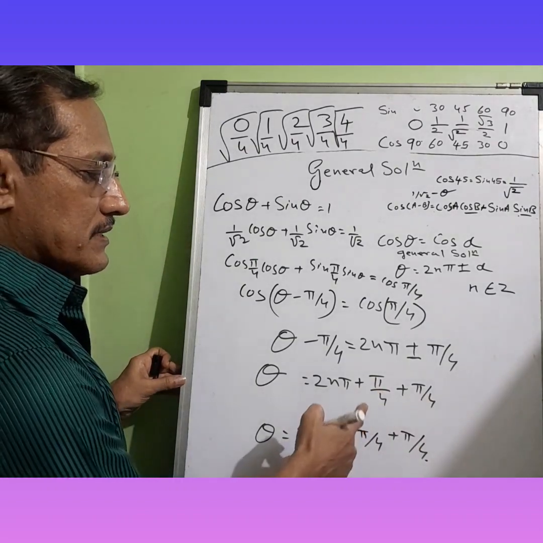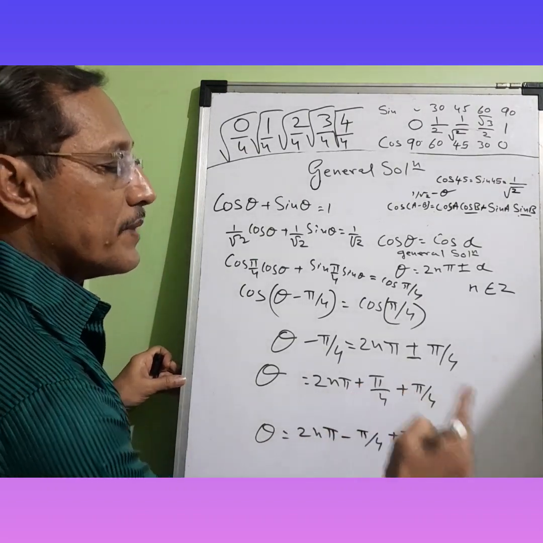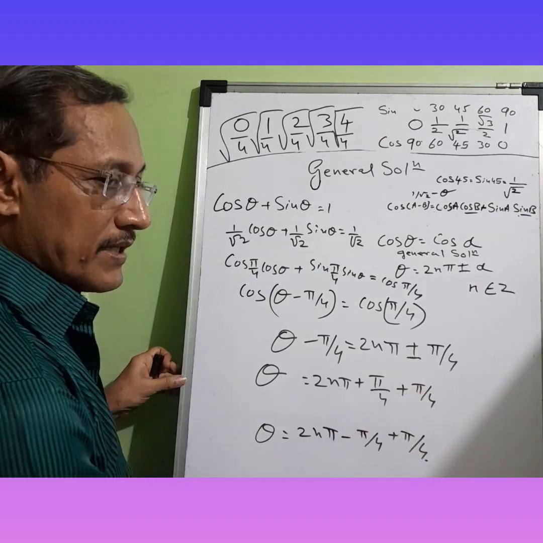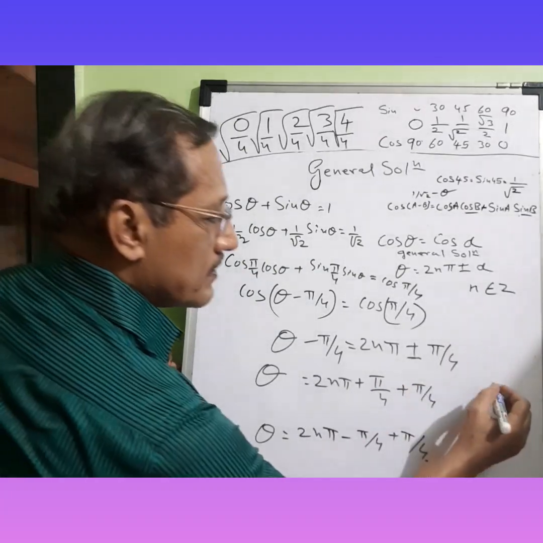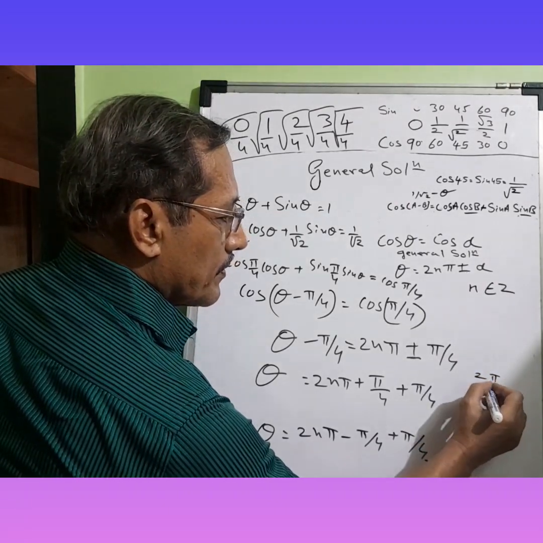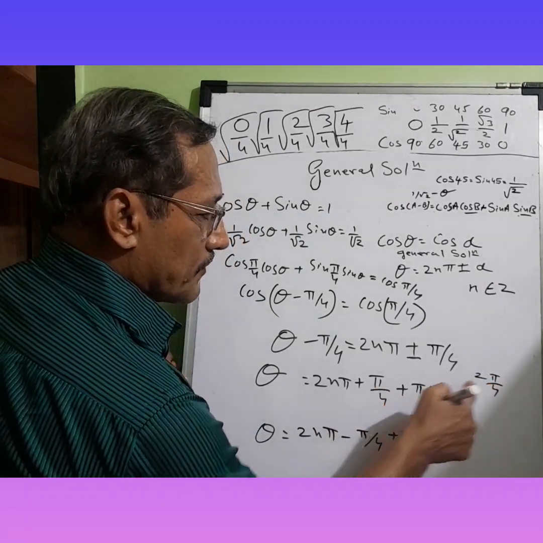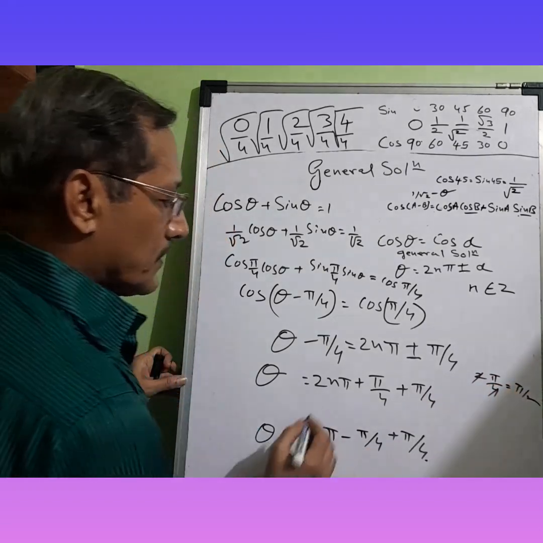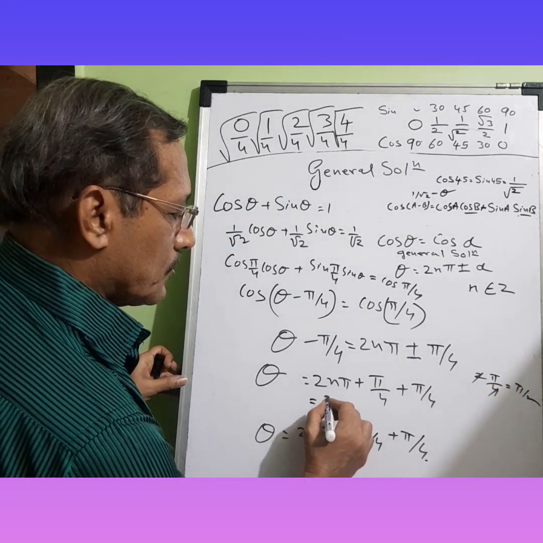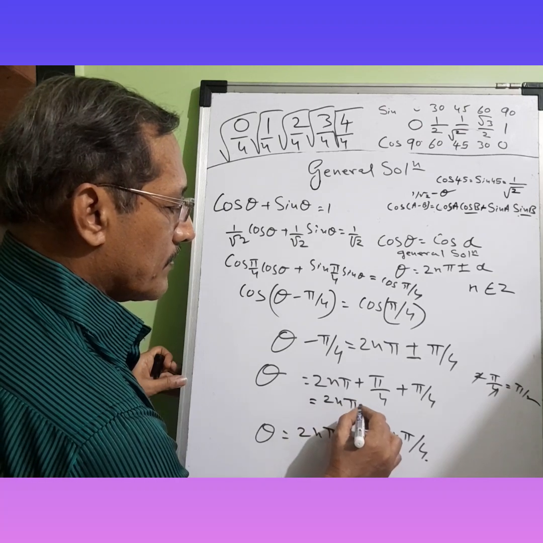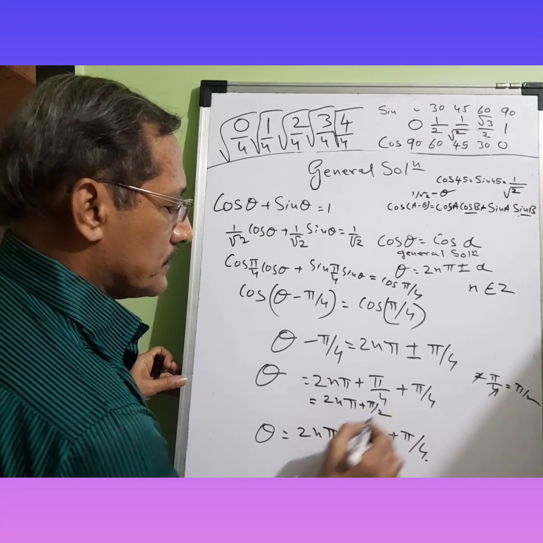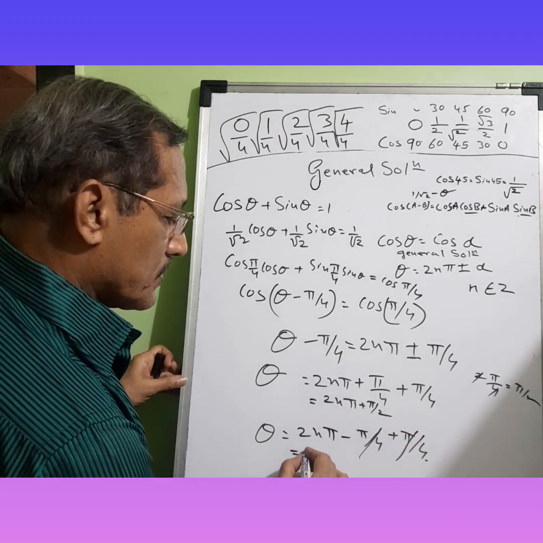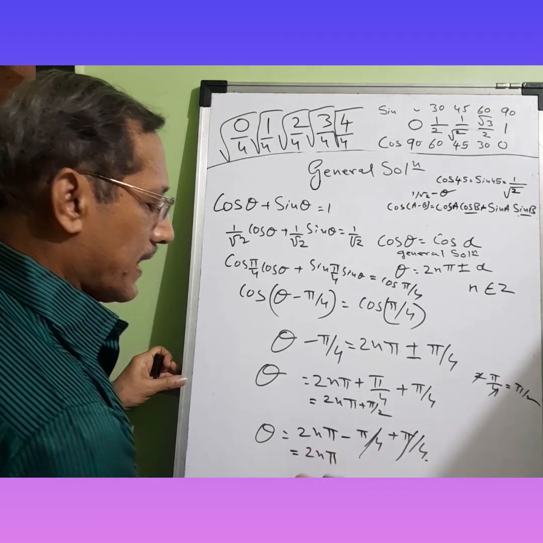So let's calculate this. Pi by 4 plus pi by 4 is 2 pi by 4, so the 2 gets cancelled and it becomes pi by 2. So this becomes equal to 2n pi plus pi by 2, and in the other case this gets cancelled, so this becomes 2n pi.